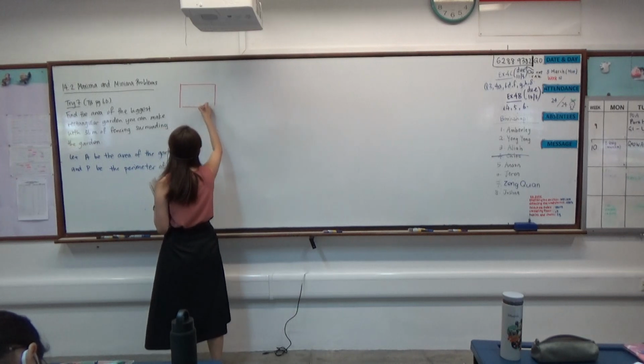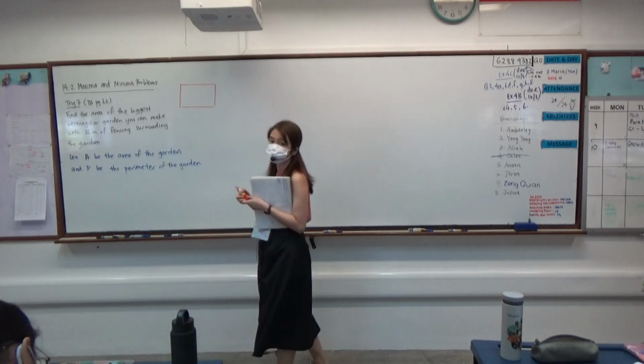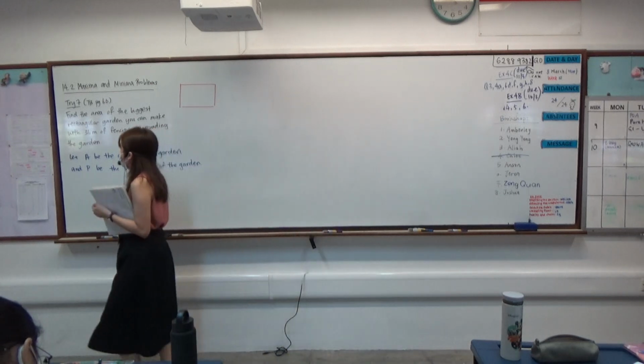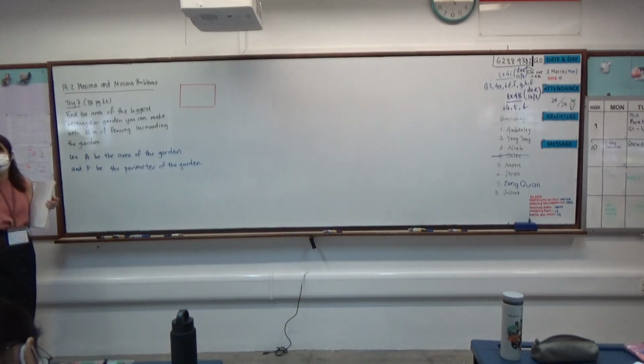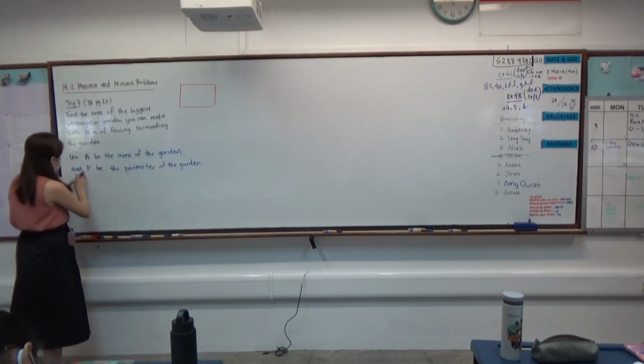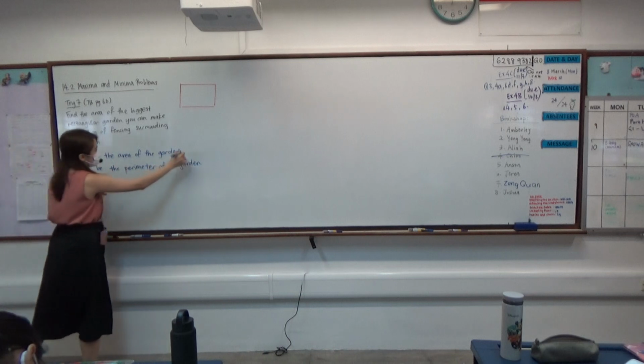So the area is A, perimeter is 36 meters, in fact. When we talk about area and perimeter, we will need to involve our length and breadth as well. So let's also just define that.